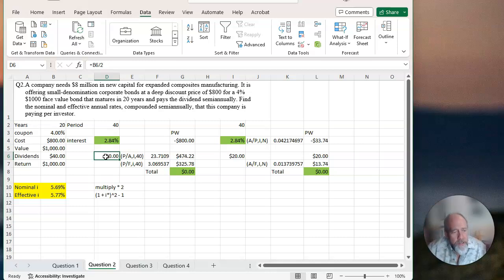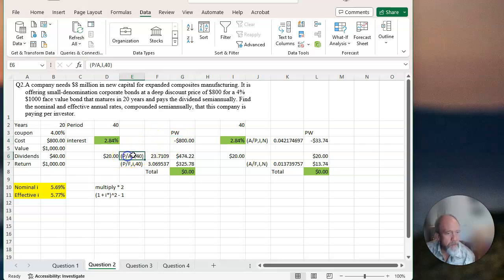Now, here's what you can do. Just essentially convert everything to either present value or annualized value. I did both. I said, okay, let's take the dividends and figure out the present value of those dividends. The present value of the initial cost of the bond is the initial cost of the bond. It's a negative number, so negative 800.